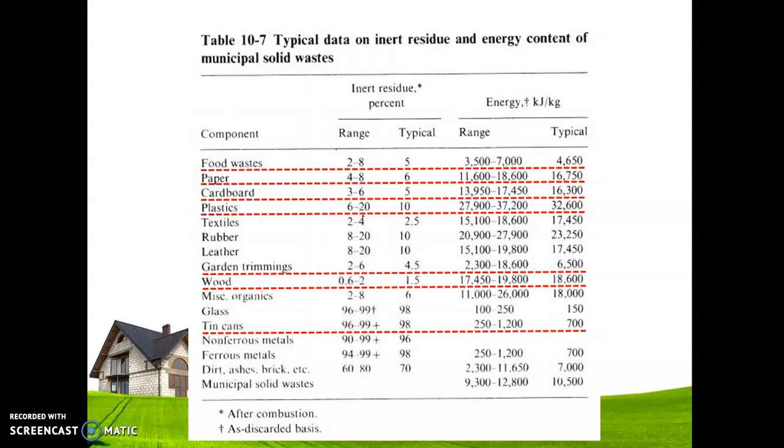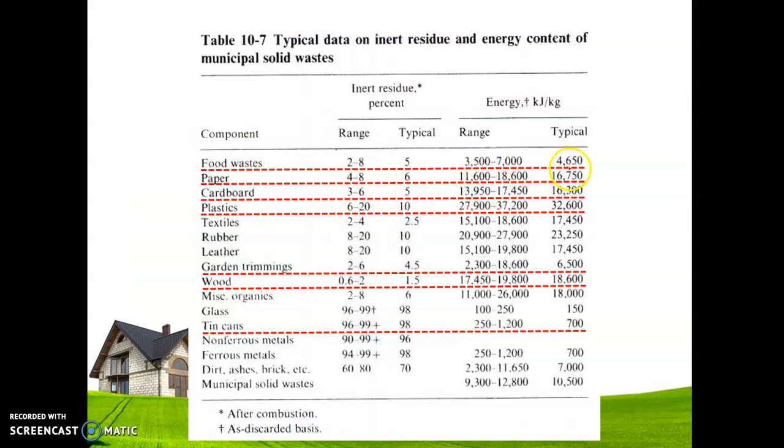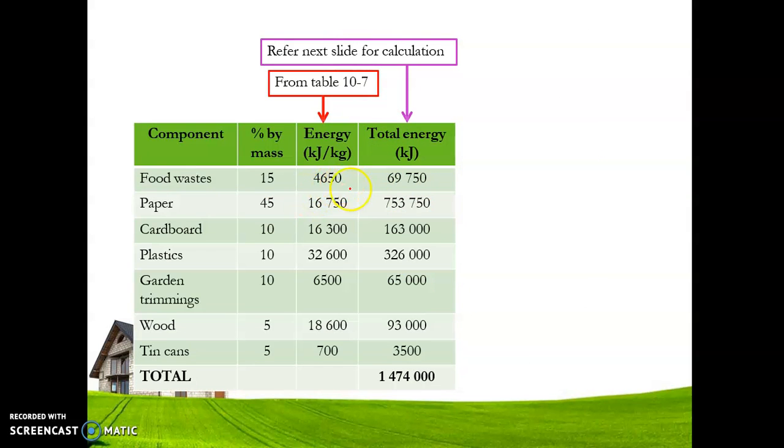The first thing, you refer to table 10.7 to know the typical energy for every component. So for instance, food waste is 4650. Then you develop a table like this. This one is the percent mass, and this one is the energy that you get from this table. You see, 4650, and then paper is 16,750.